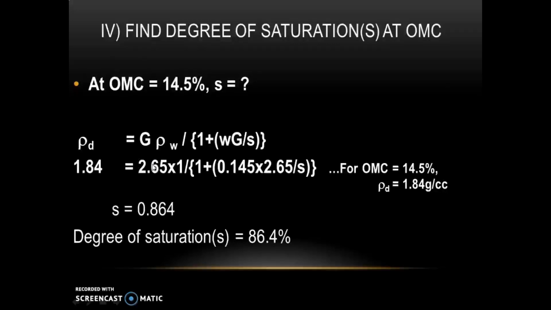And G is 2.65, rho W, that is density of water, is 1 divided by 1 as it is, plus W is water content, which is nothing but 0.145, that is 14.5 divided by 100, so 0.145 into G value 2.65 divided by S which we need to find. So after we calculate, we get the value of S as 0.864 and it can be written as 86.4%.